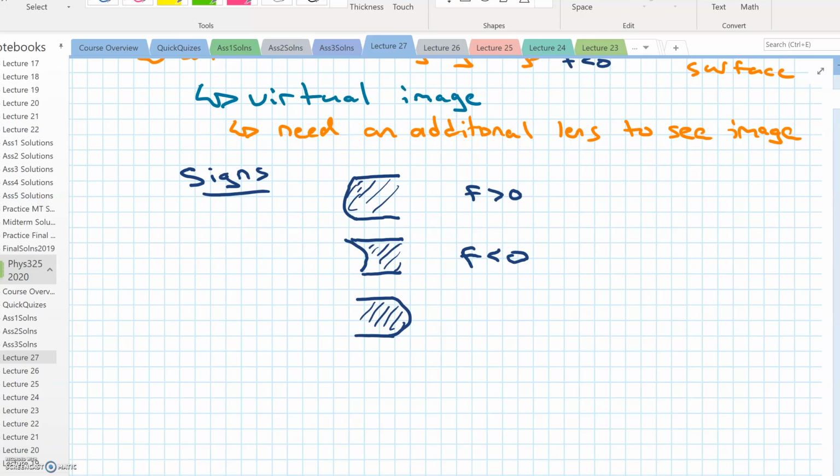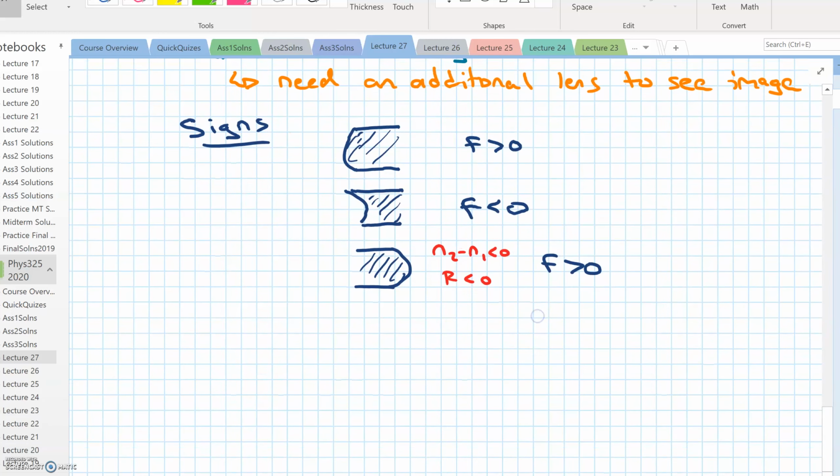So how do I say this? We're going now from n2 minus n1 is less than 0, and R is less than 0. And we have a double negative, so we have F greater than 0 as well. It's a combination.